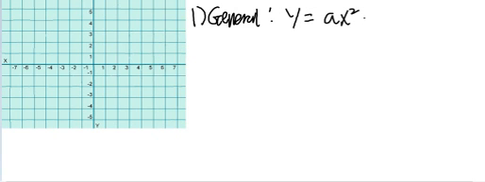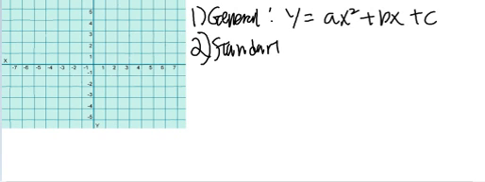All right, first thing you have to remember. First birthday you have to remember: the general form of a parabola. y equals ax squared plus bx plus c. The second birthday you have to remember is called the standard form of a parabola.